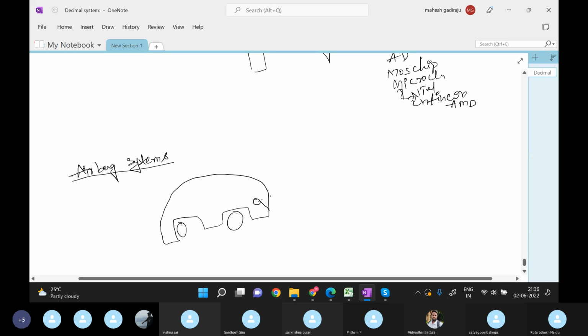Okay, perfect. Any other inputs? Student: There is a sensor in front of the car. When the accident is triggered, within a fraction of a second the ECU will send signals to the airbag system, and then automatically it will open. Correct.